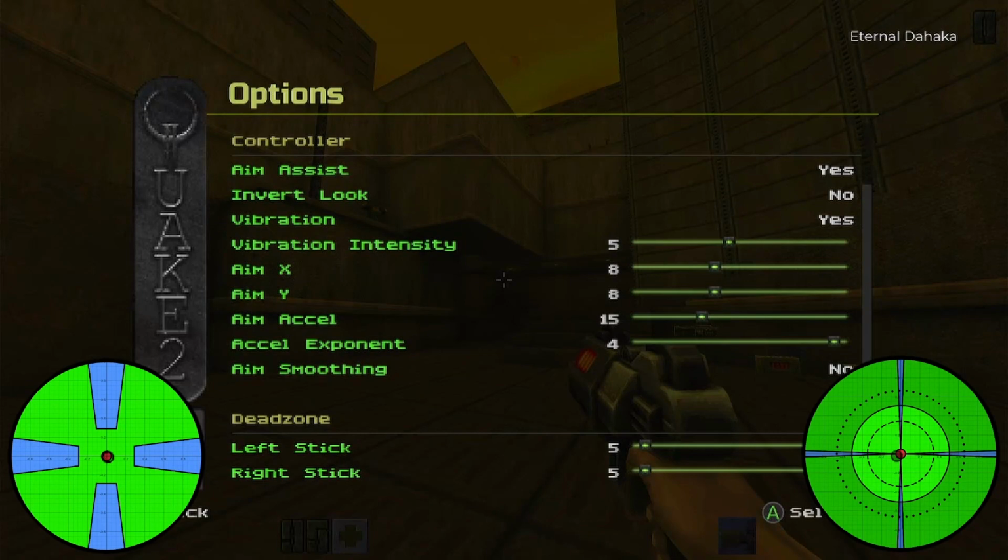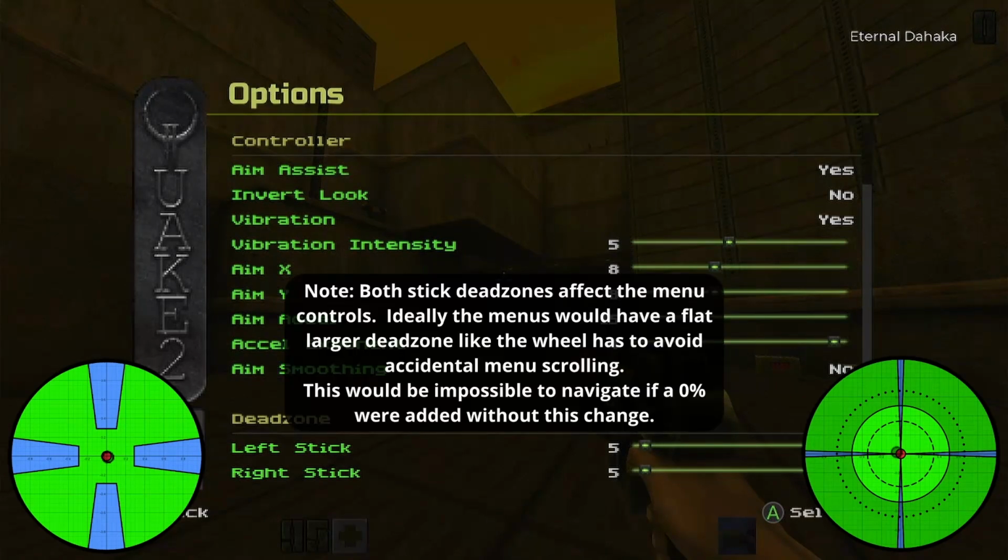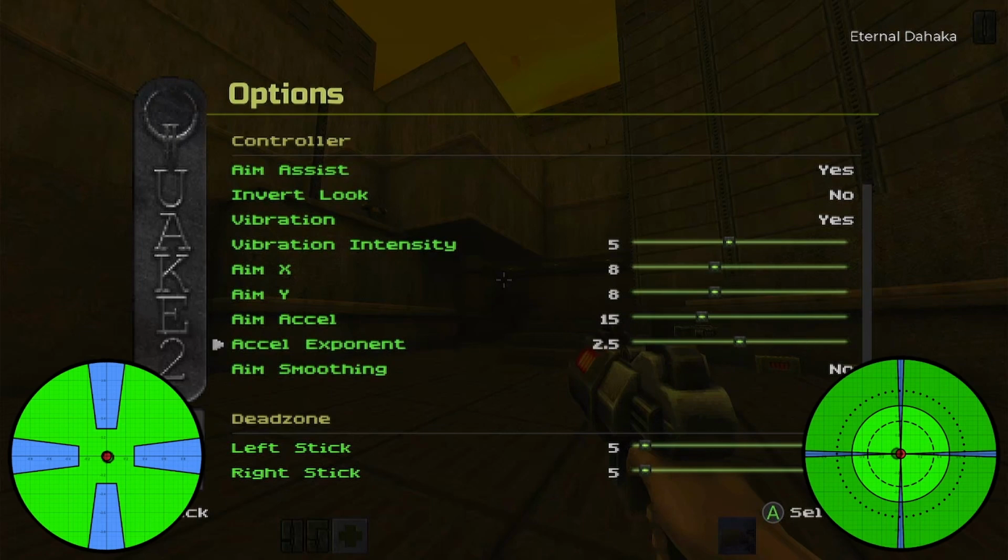One thing I didn't really mention is I think it'd be nice to be able to get dead zones lower than 5, so have the slider go from 0 to 50 instead of 5 to 50, and maybe with a smaller increment. So this is a decent bit of customization, but having 0.1 instead of 0.5 increments would give more granular control, so players could more finely tune the exact curve they want.